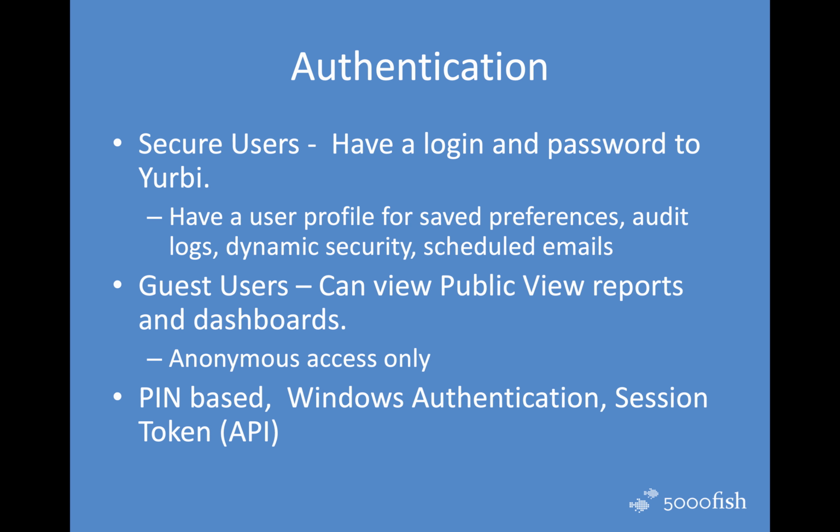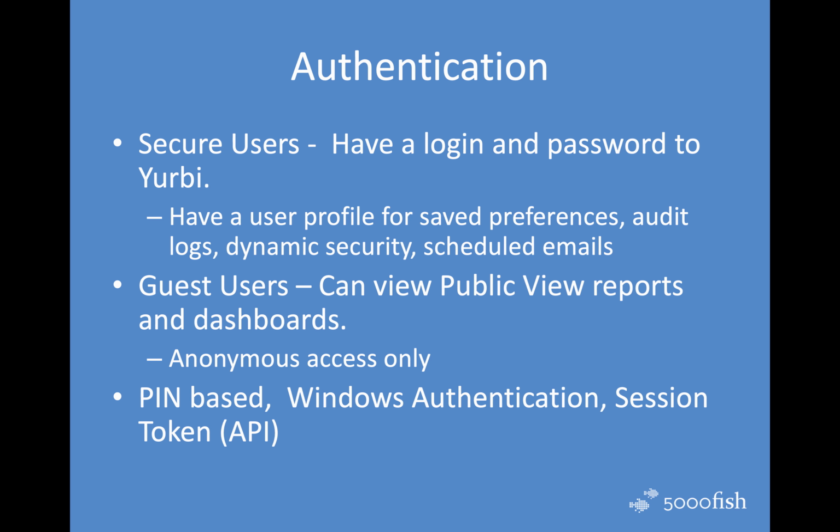And if you're in an embedded analytics scenario, then our preferred method would be that you use a session token based authentication where your application calls our API, gets a session token for that particular user, and then you could pass that across to Yurbi to do single sign on and to seamlessly log them in.